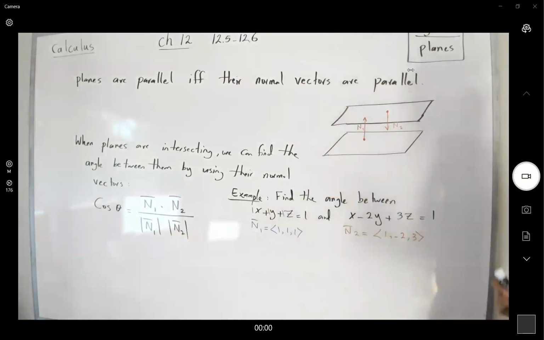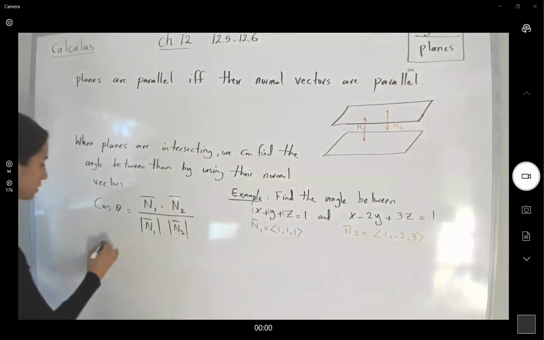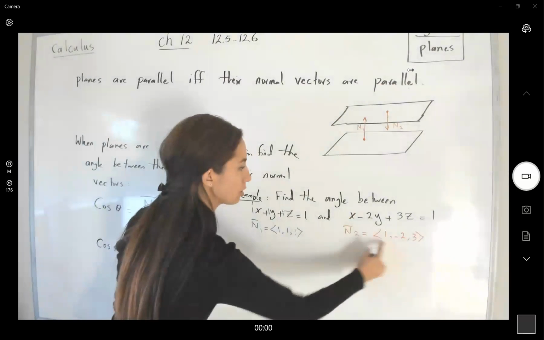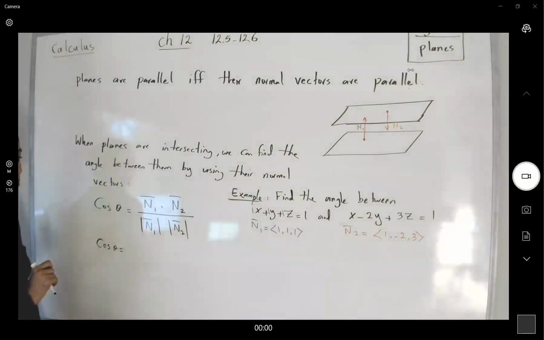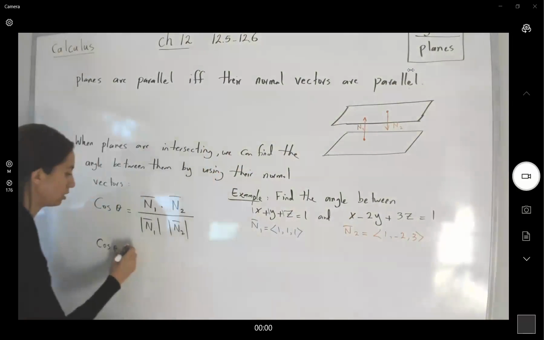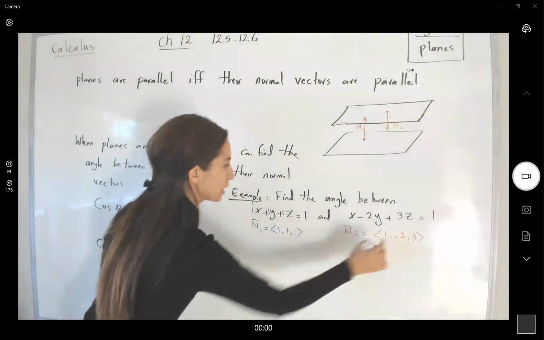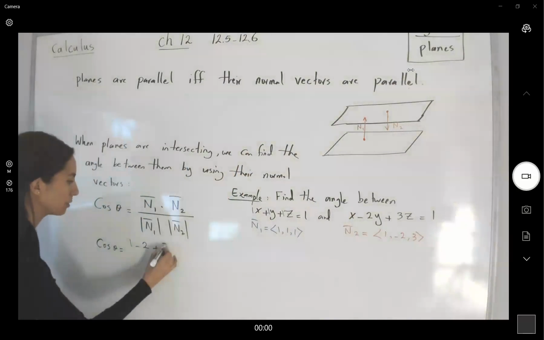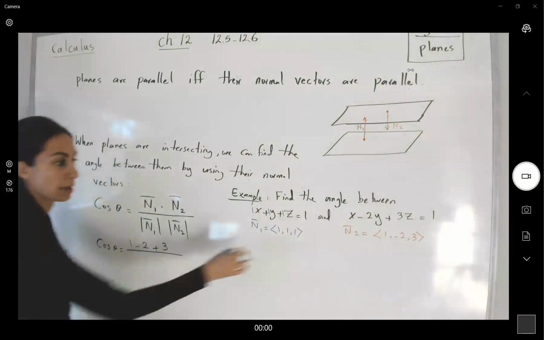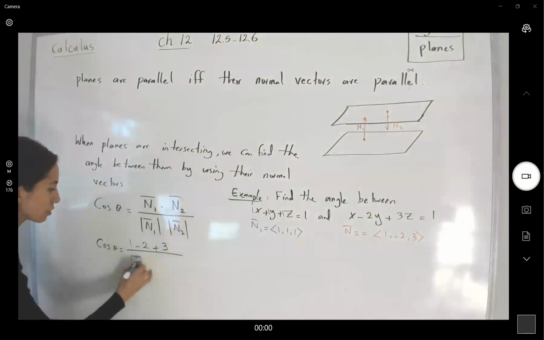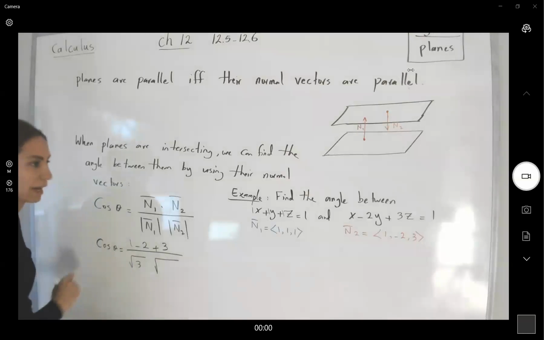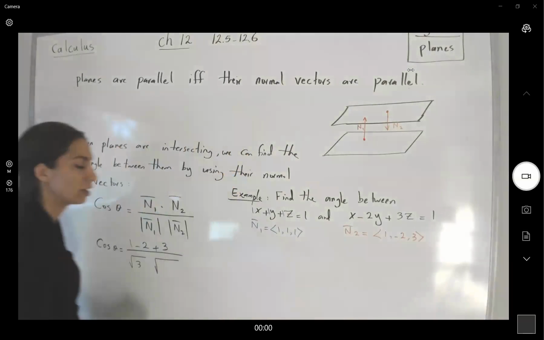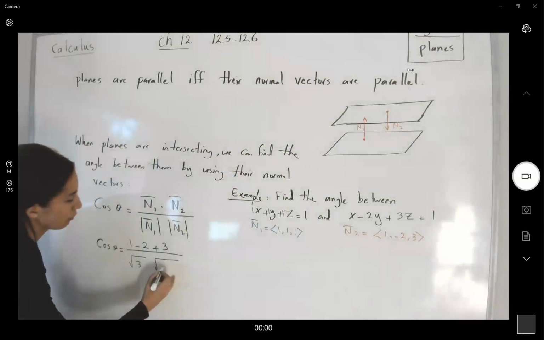Following the formula, cosine theta is equal to the dot product between these two normal vectors. 1 times 1, 1. 1 times -2, -2. 1 times 3, 3. Divided by the magnitude of the first vector, which is square root of 3, times the magnitude of the second vector, 1 plus 4, 5, plus 9, 14.